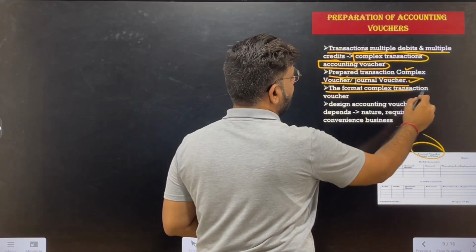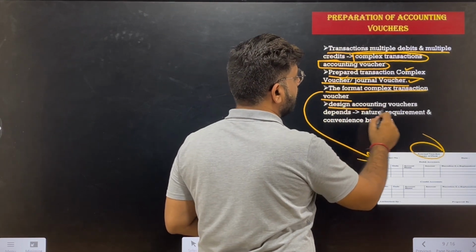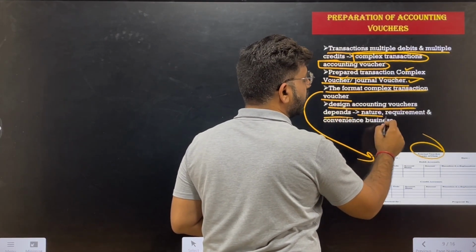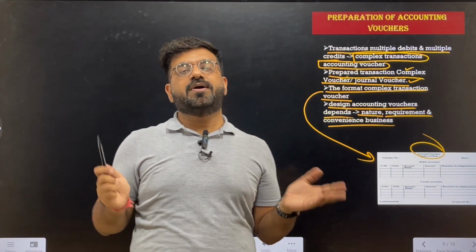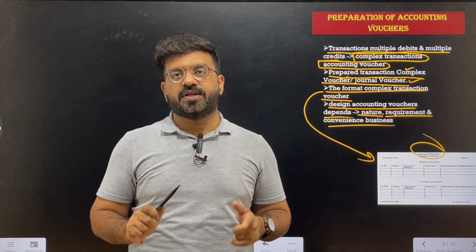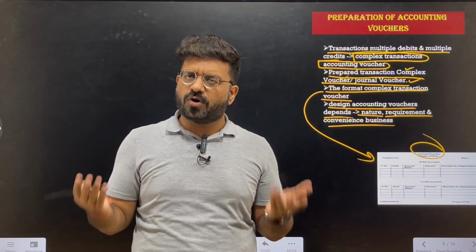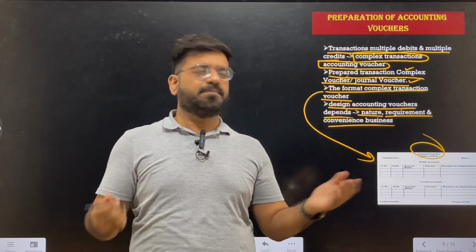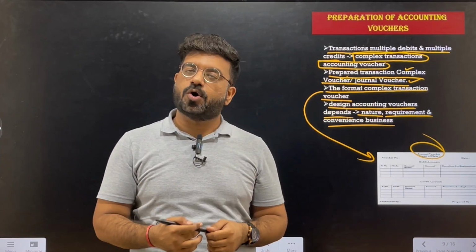The format of the complex transaction voucher is this one, and the design of accounting vouchers depends upon the nature, requirement, and convenience of the business. Obviously, it totally depends upon the business, what all information they have to record. So as such, there is no specific format, but a general format is there where the basic items need to be there for the transaction which have to be recorded.